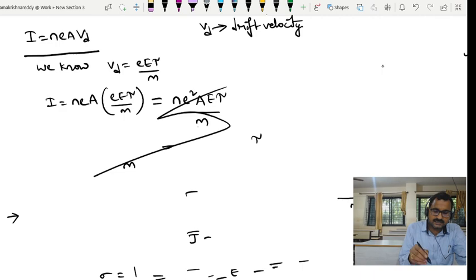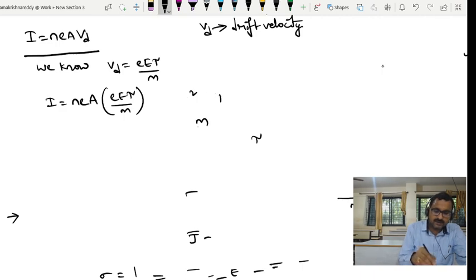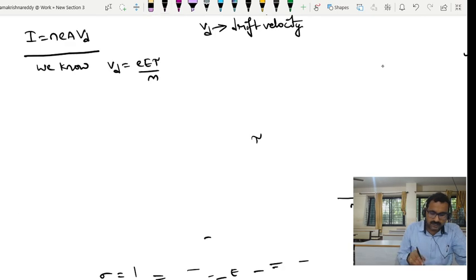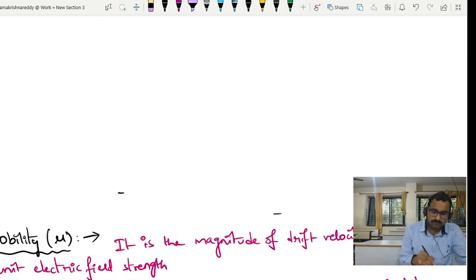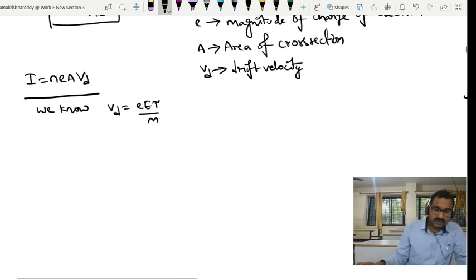These are the two relations normally required to explain this. So Vd is equal to e E tau divided by m.